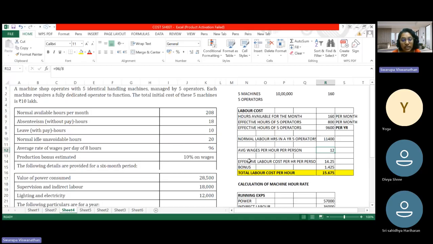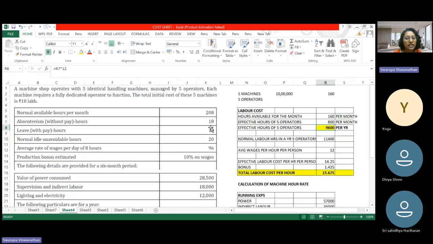Now we cannot directly take 96 by 8, that is 12, to be the machine hour rate, because the effective labor hours is 9,600. Effective labor hours meaning the labor hours where they actually work. But for how many hours are the laborers getting paid? Leave with pay hours 10.